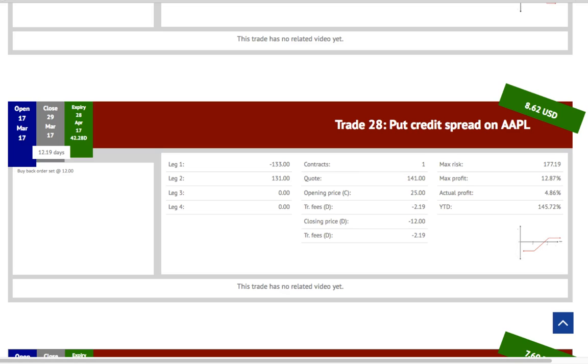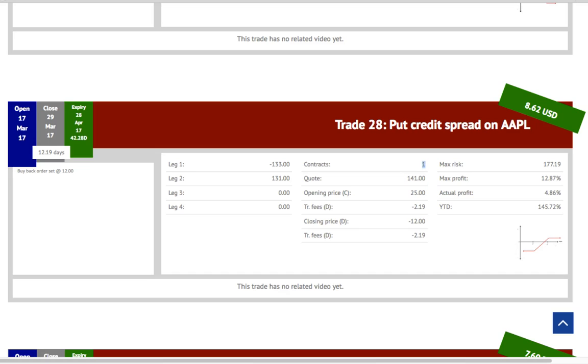This is the result of the difference of the two strikes, 133 minus 131, times the multiplier of the options that you bought or sold, multiplied by the number of contracts or combos that you bought or sold. So that's basically one contract.